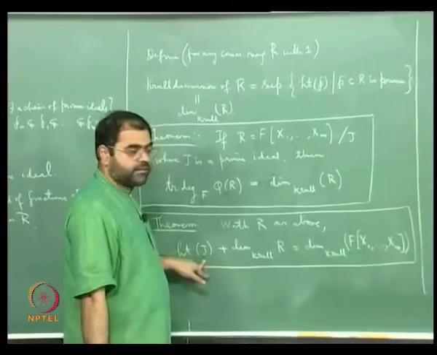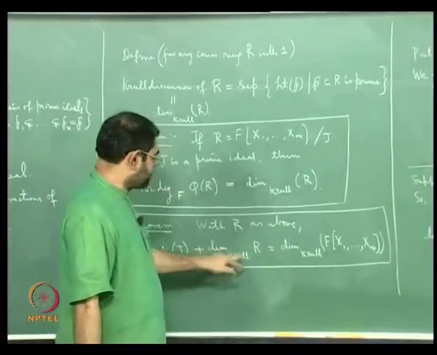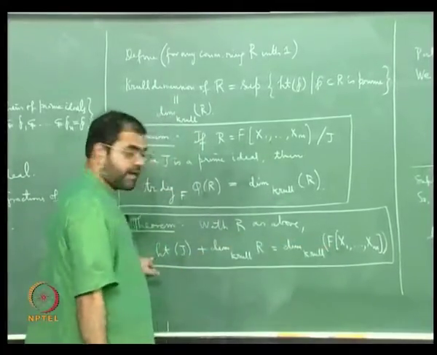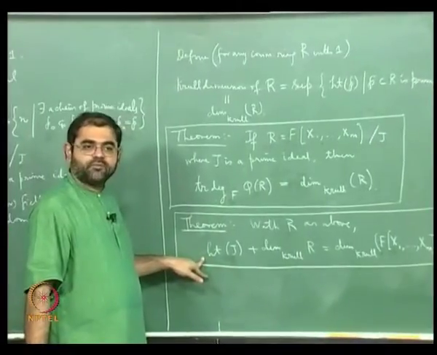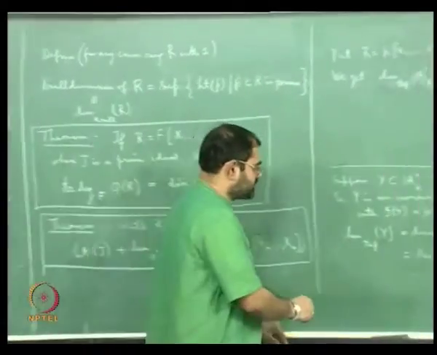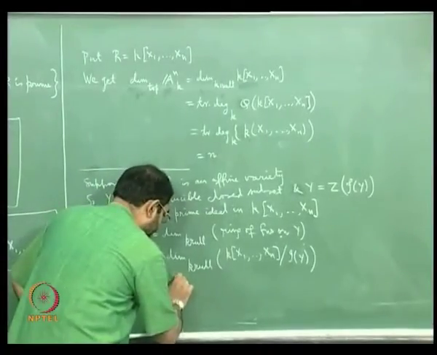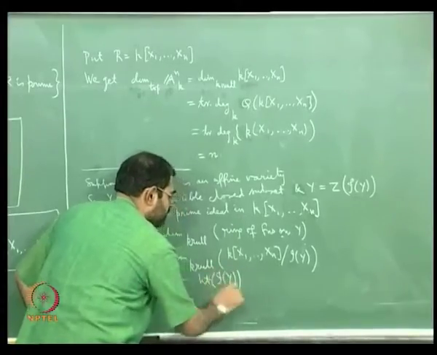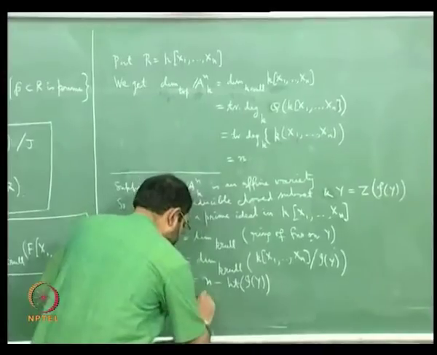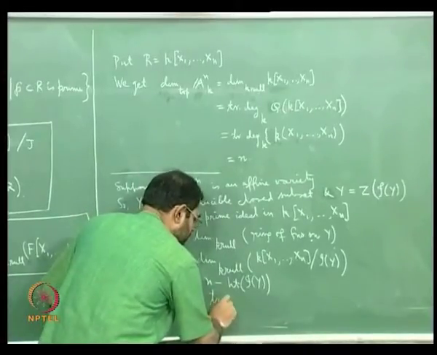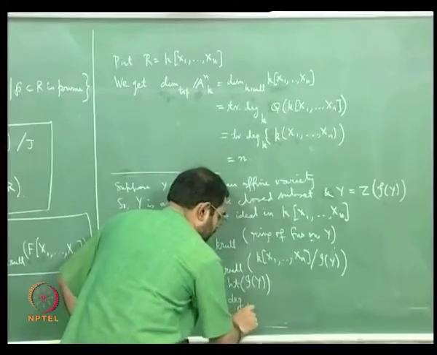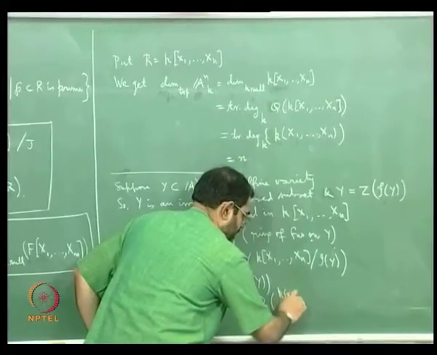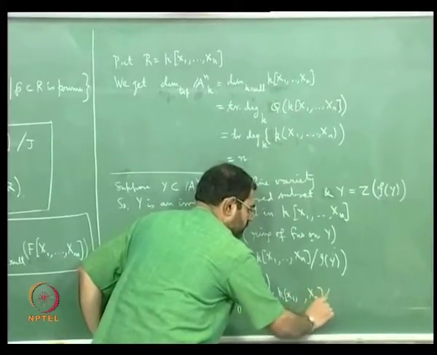What this theorem tells you is that the Krull dimension of R is the Krull dimension of the bigger ring minus the height of the ideal by which you are going to get R. So this will be n minus the height of the ideal of Y, and of course this will be equal to the transcendence degree over k of the quotient field of this quotient ring k[x1, ..., xn] modulo I_Y, which is an integral domain.